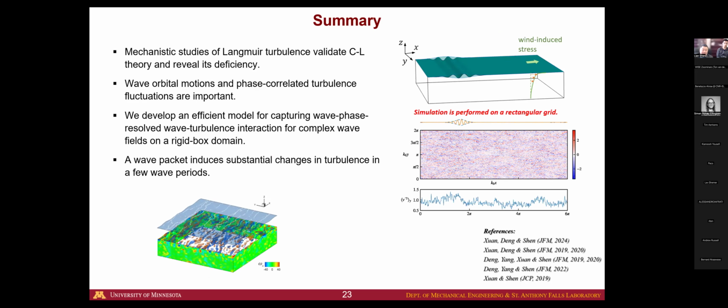So this is my summary page. What we did is a mechanism study about Langmuir circulation and Langmuir turbulence. We showed that CL theory is very successful for the large scales, but for small scales there is certainly something missed, and that is not surprising because CL theory was designed with a low-pass filter to capture those large scales.